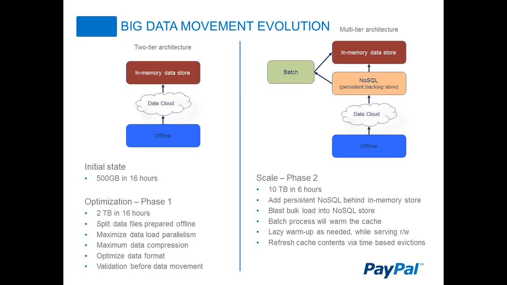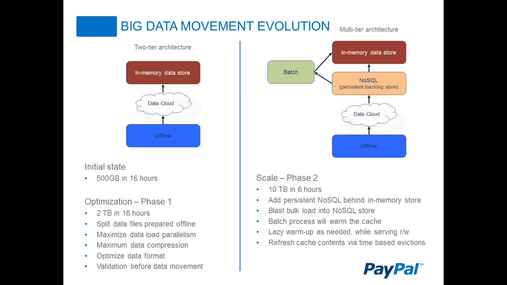Because you don't want to find on a live system, oh, I'm getting null values and so forth. So the key is optimize your data format, do all the validations you can do upfront before moving the data, and use compression. Some people shy away from compression thinking it's going to slow down my system. These days compute power is so efficient that compression doesn't really slow down that much.